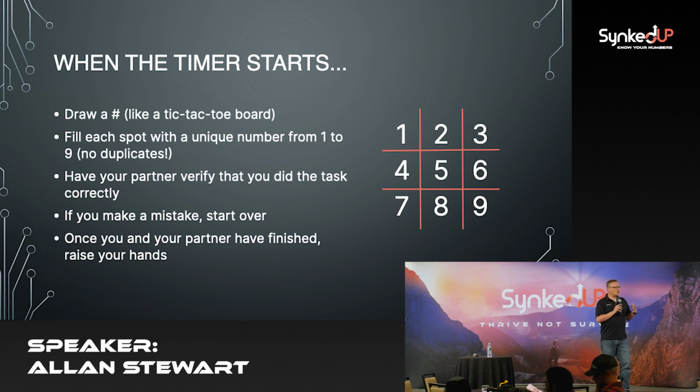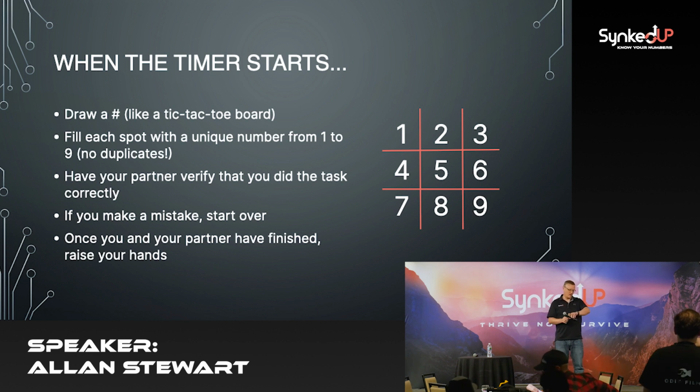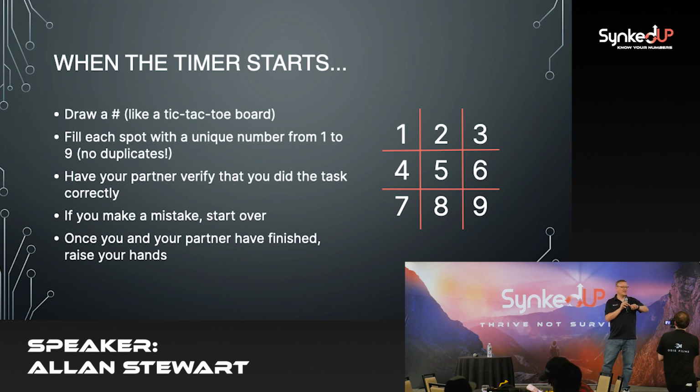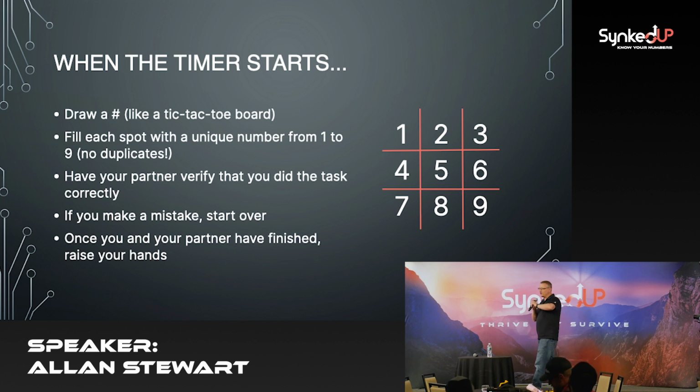And then once you and your partner, or 2 partners, are finished, go ahead and raise your hands so that we know that you're done. Okay? So I'm going to start a timer here. Not yet. Not yet. When I say go, draw that grid, put those numbers in. On your mark, get set, go.